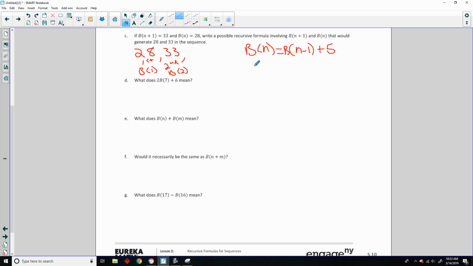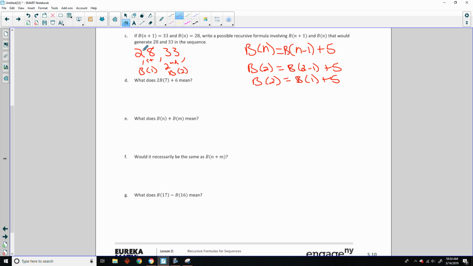So if I check this, b of 1 would equal b of 1 minus 1, which is 0, plus 5. If I change this to a 2, and I'm looking for the second term, n is 2, so it'd be the second term minus 1, which is the first term, so b of 2 would equal b of 1 plus 5.